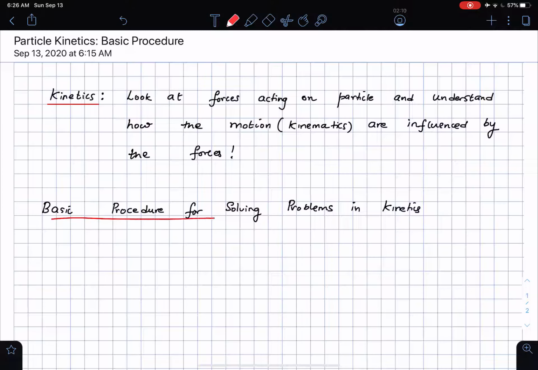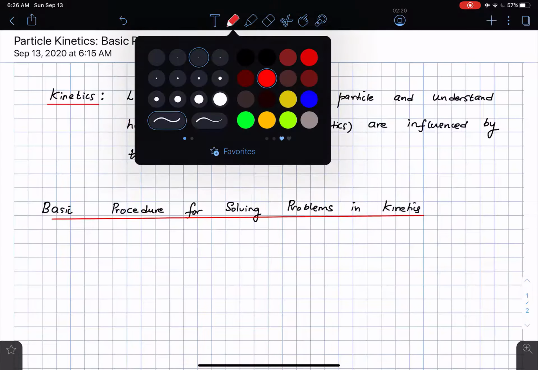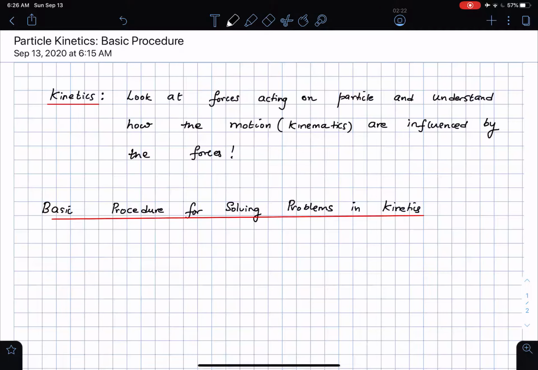This basic procedure employs a few steps. Some of these steps we already have an idea of from either statics or from particle kinematics. The first thing, and the most important thing, is to choose a suitable coordinate frame based on the nature of the problem.